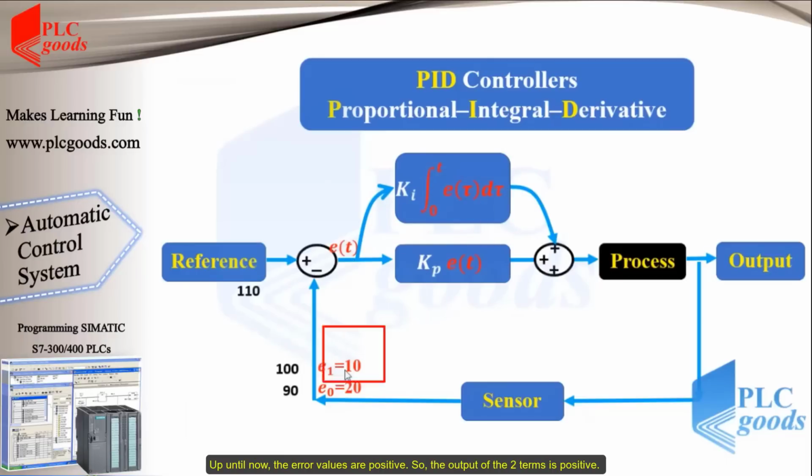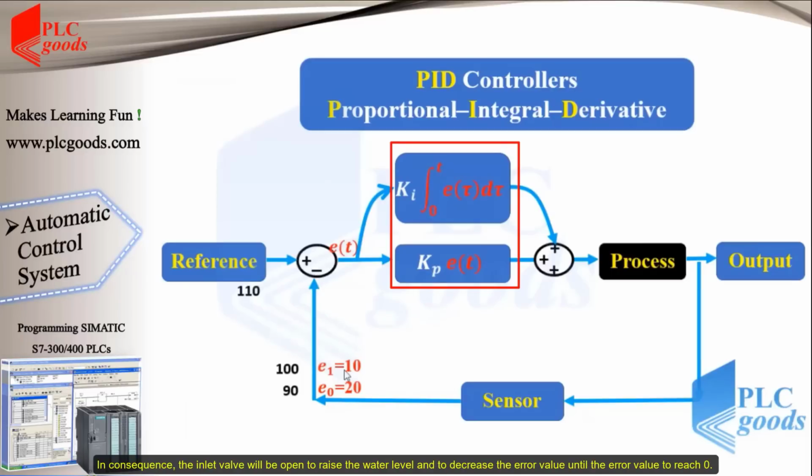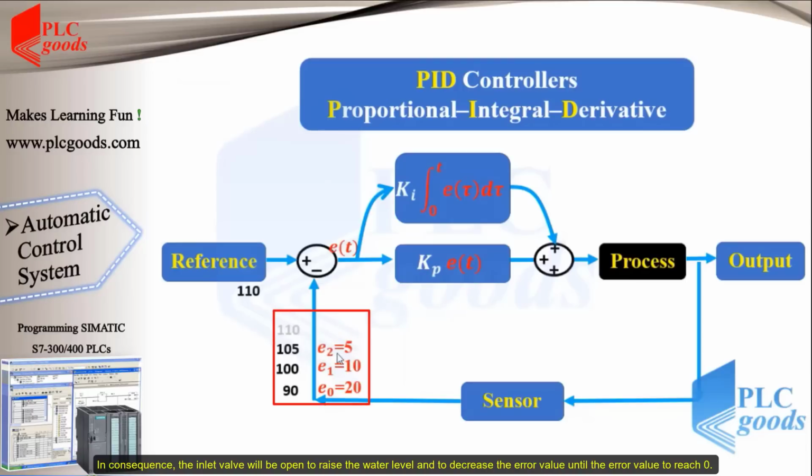Up until now, the error values are positive, so the output of the two terms is positive. In consequence, the inlet valve will be open to raise the water level and to decrease the error value until the error value reaches zero.